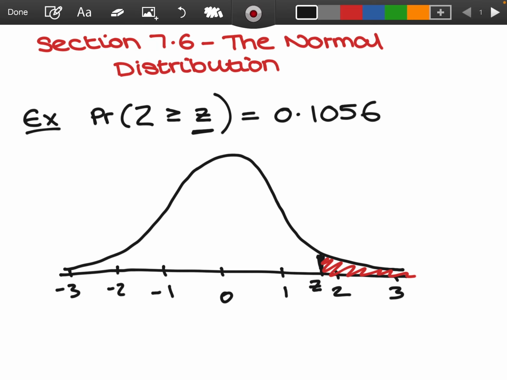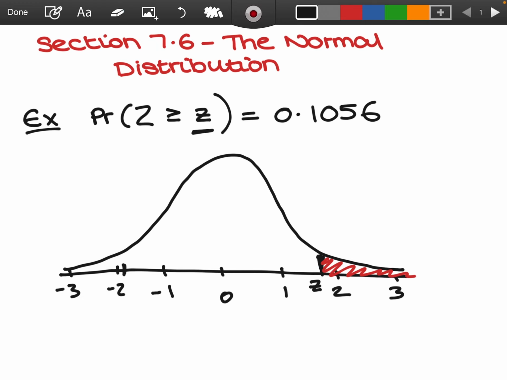So if this is my z value here, this is what my outcome is, then roughly 10.56% of my whole curve should land under the curve above that value. Because the probability that z is greater than or equal to that value is 0.1056, or 10.56% of my curve should land above that value.